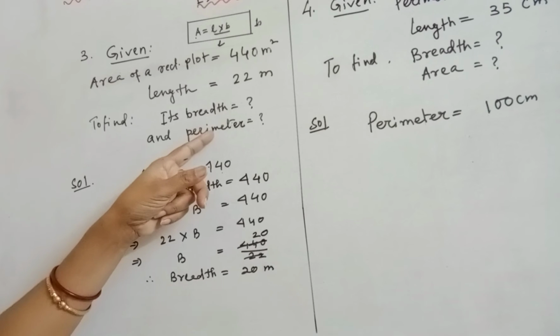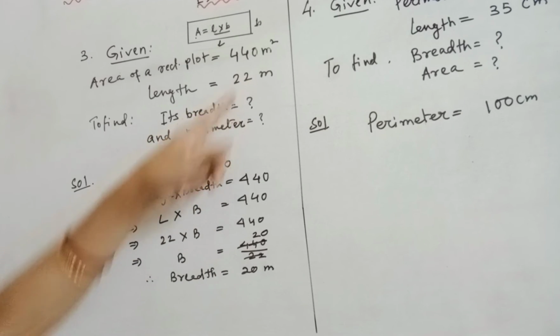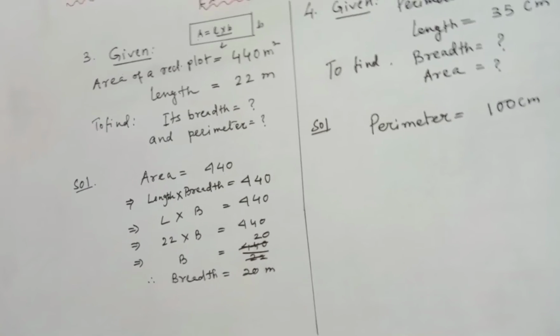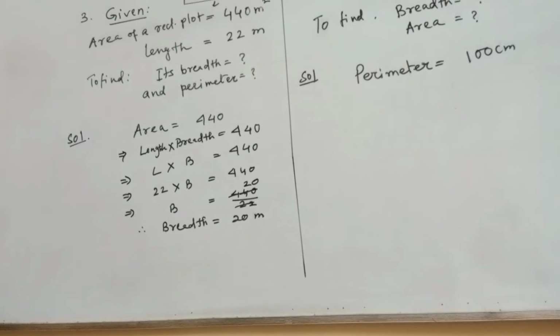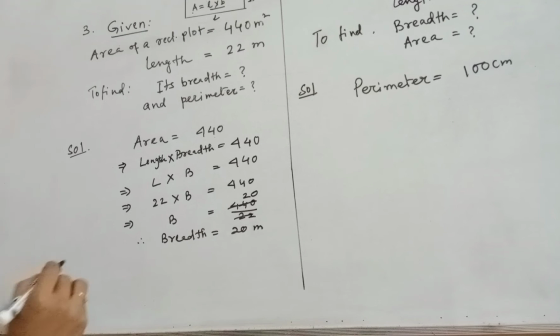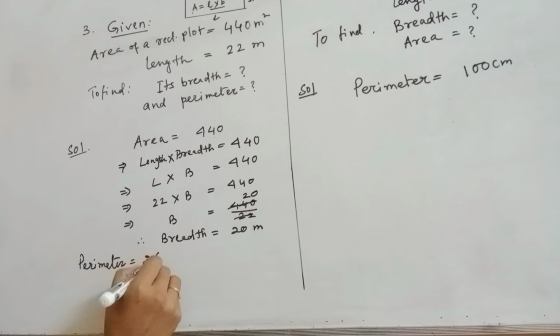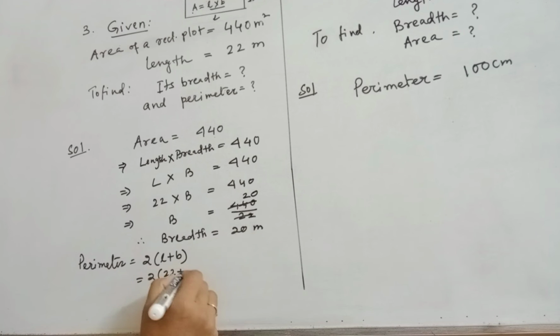Now you need to find the perimeter also. By using this length and breadth, you have to find the perimeter. Perimeter of the rectangular plot. Formula is 2 into length plus breadth. 2 into length is 22 and breadth is 20 meter.